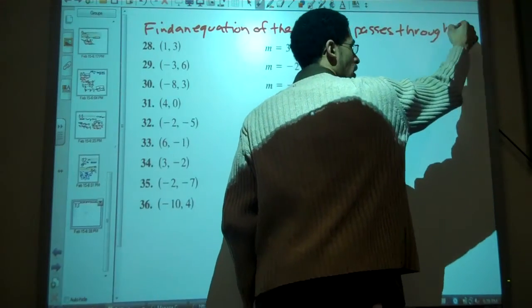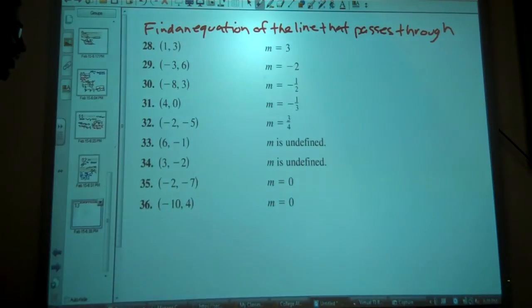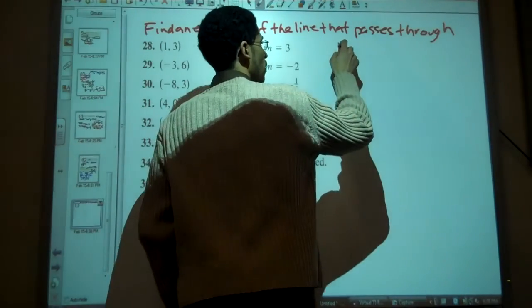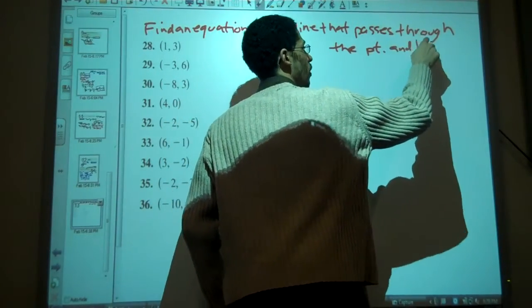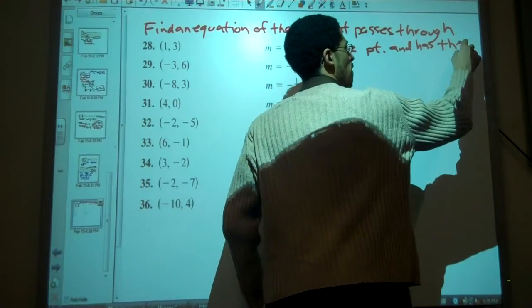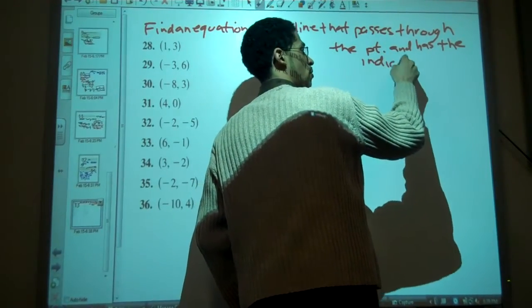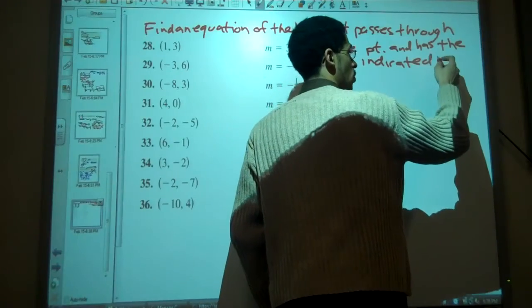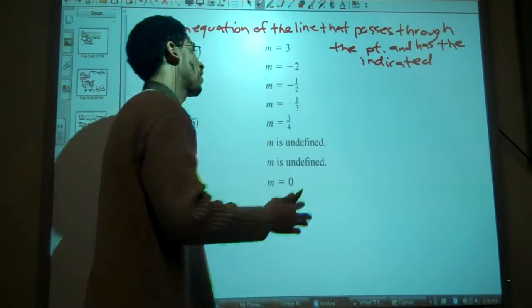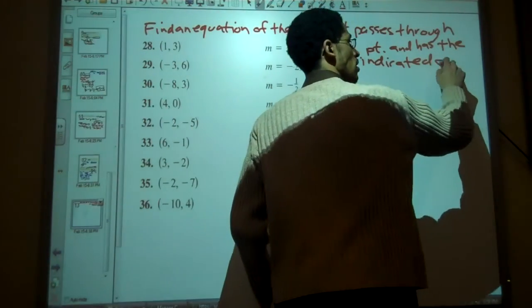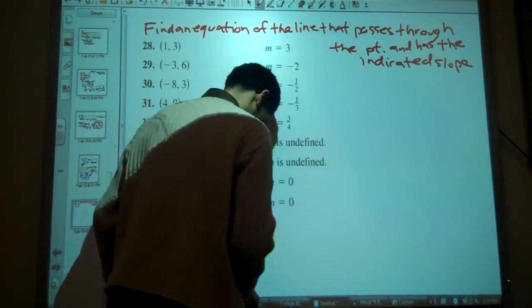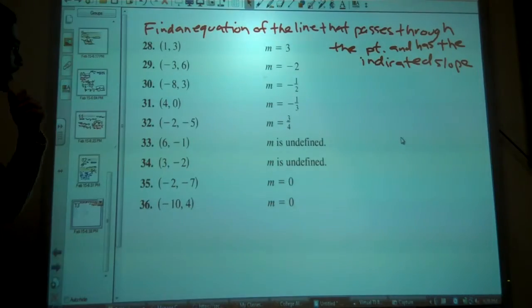Well, if you give me a point and slope, I'm most likely going to use the point slope formula, which will work in most cases.